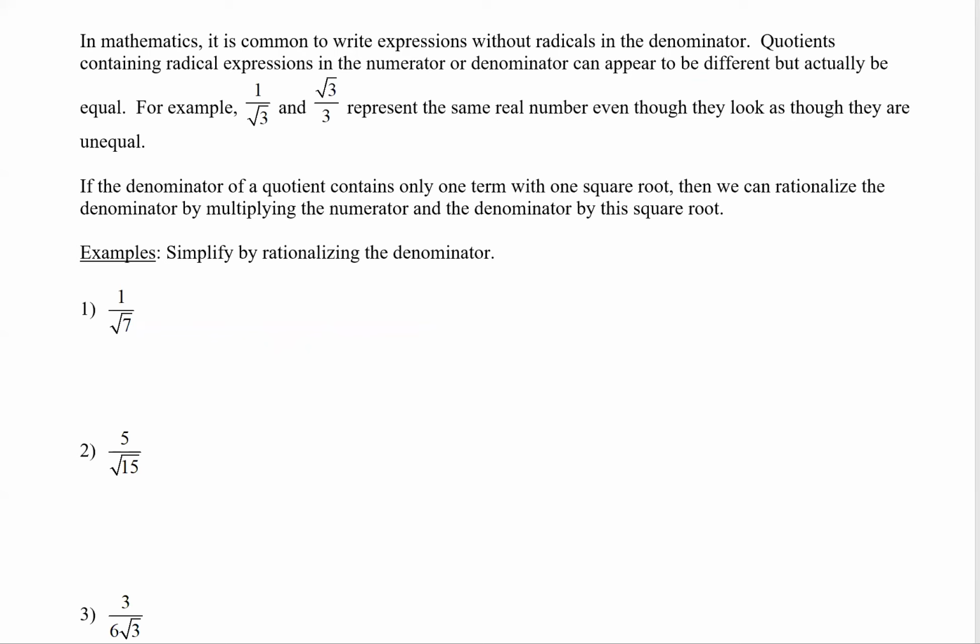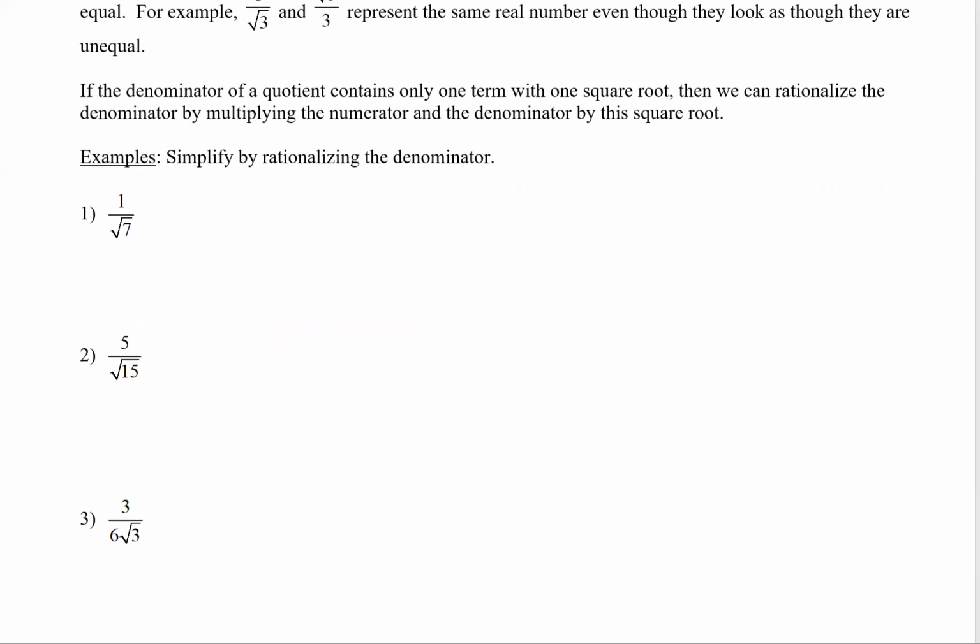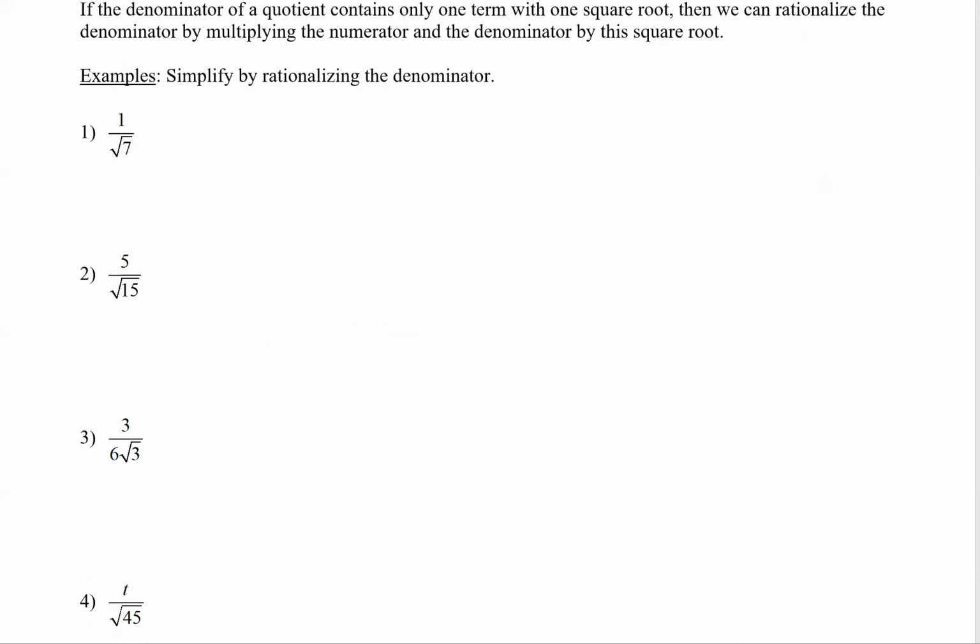So let's look at a couple of examples. So we want to rationalize the denominator. So we're going to multiply by square root of 7 over the square root of 7. And the square root of 7 times the square root of 7 is 7.